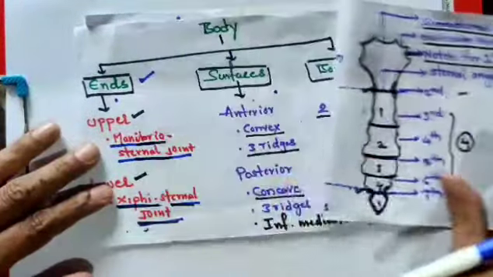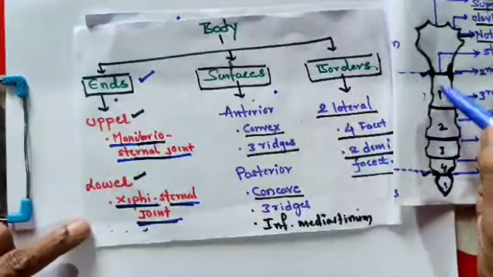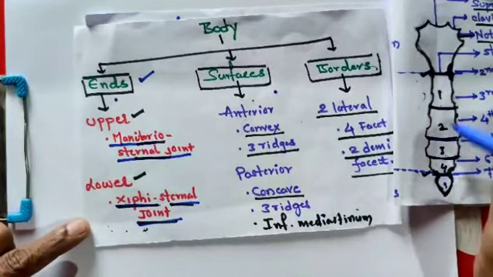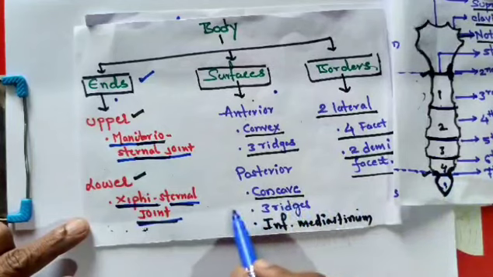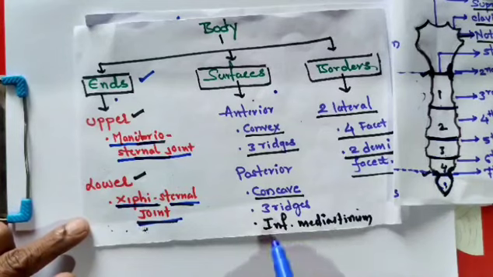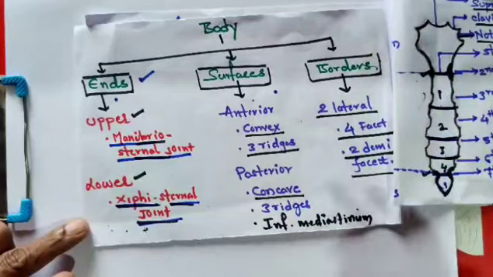Next we are going to discuss the anterior surface. The anterior surface is convex and presents three transverse ridges. This shows the union of four sternebrae. The posterior surface is concave, and it also presents three ridges, but they are not prominently seen. The posterior surface forms the anterior boundary of the inferior mediastinum.